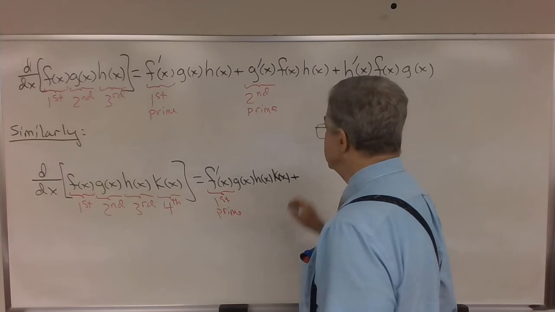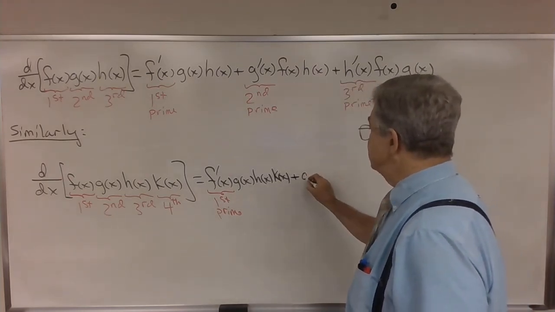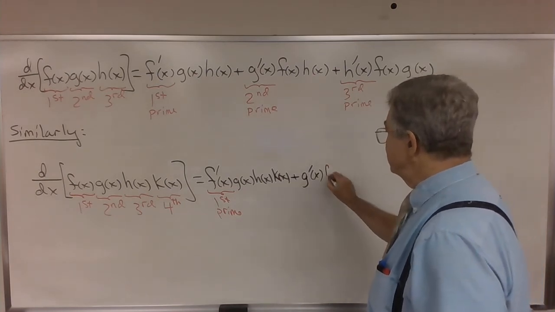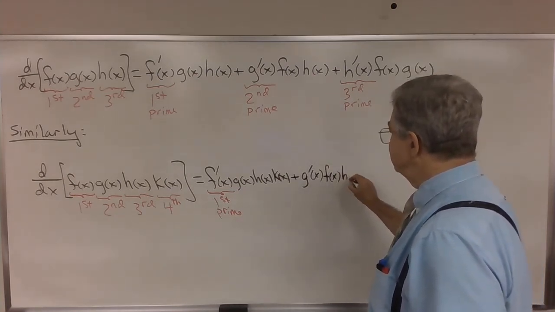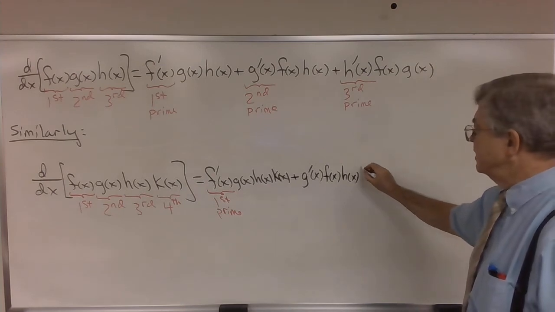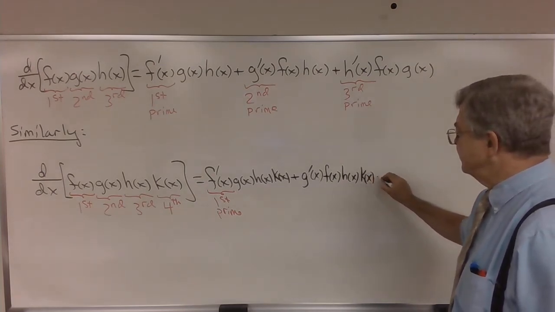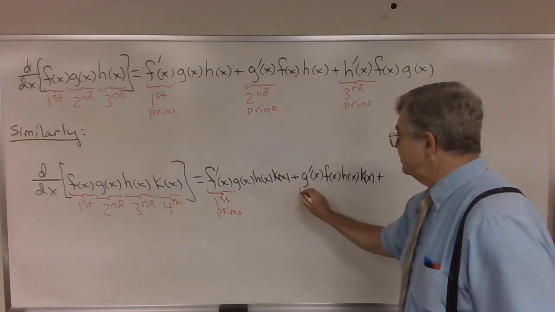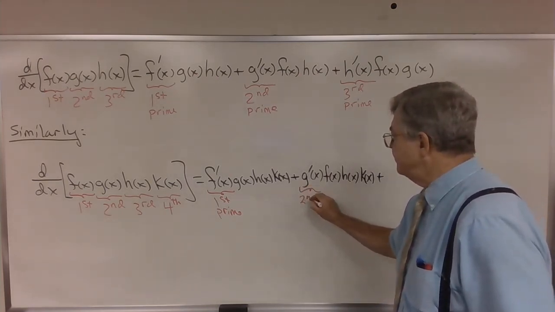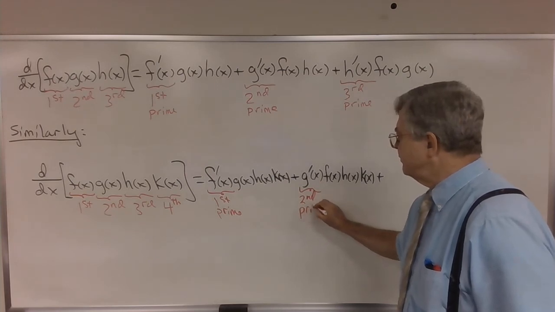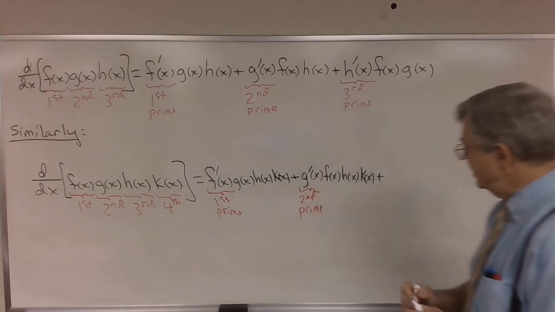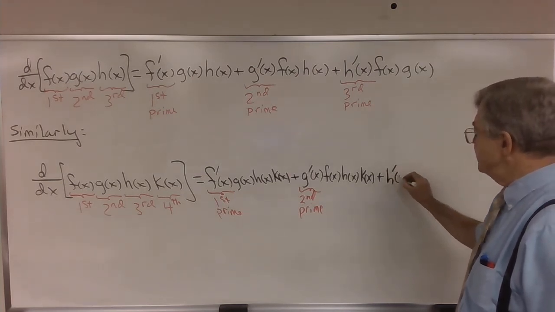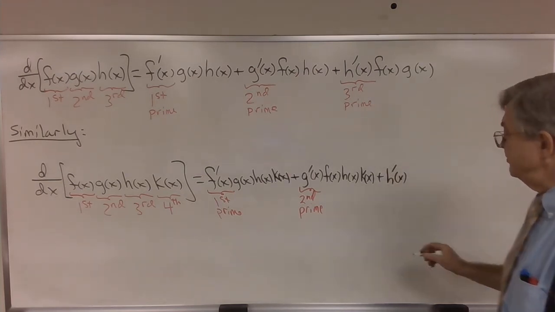plus second prime, that's g prime of x, times everything else. So that would be f of x, h of x, k of x, plus, let's see, here's my second prime, plus third prime, h prime of x, times everything else.